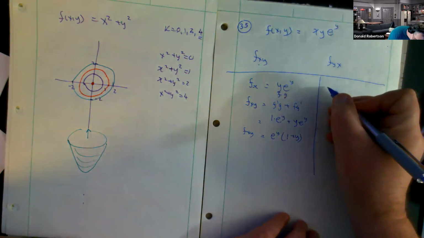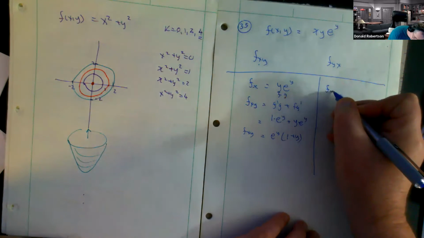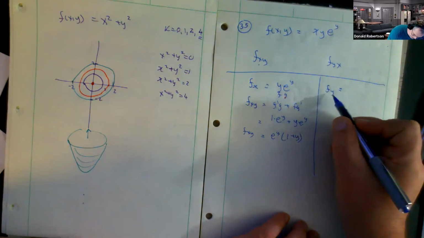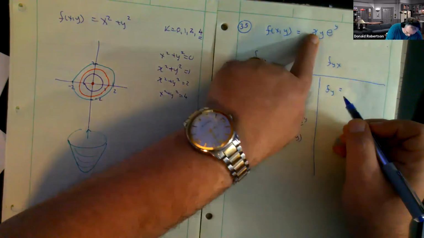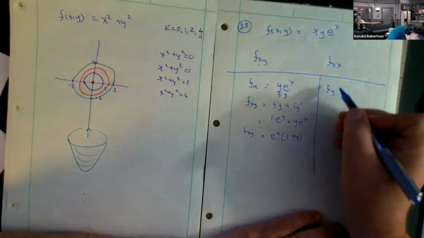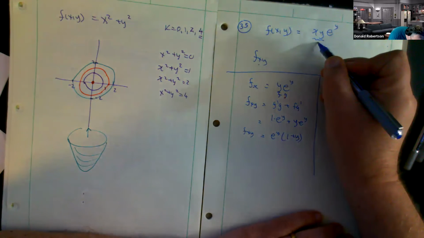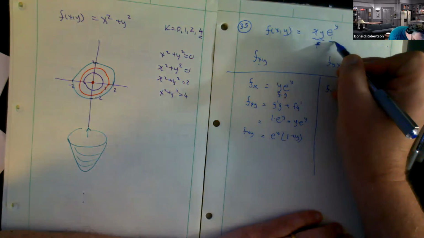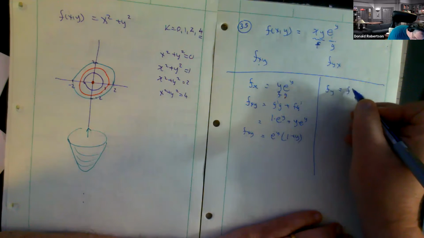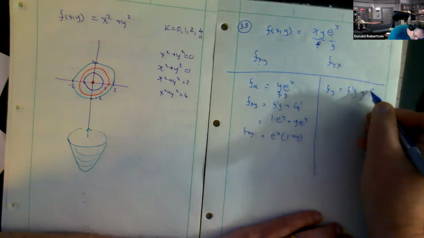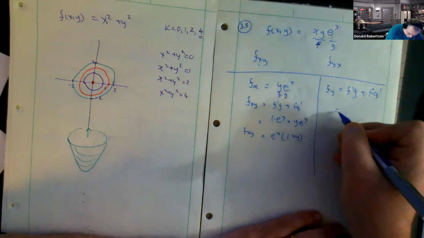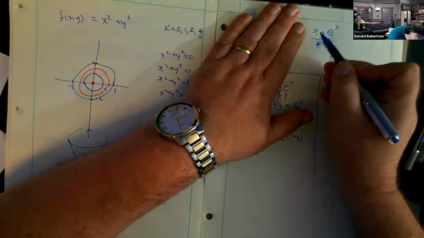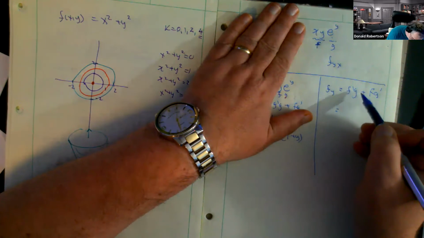Let's go for this one. To differentiate this guy with respect to y, you're going to also do a product rule. This piece here, I'm going to call f. And this piece here, I'm going to call g. So it's f dash g plus f g dashed.